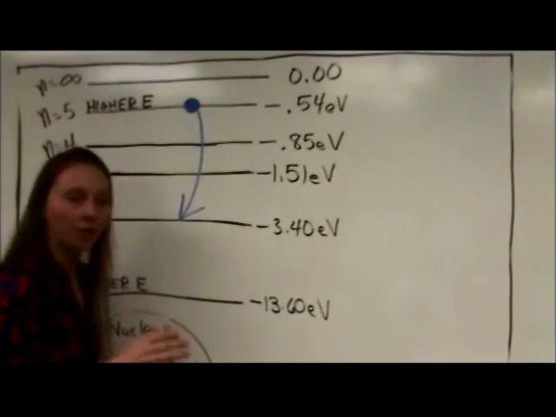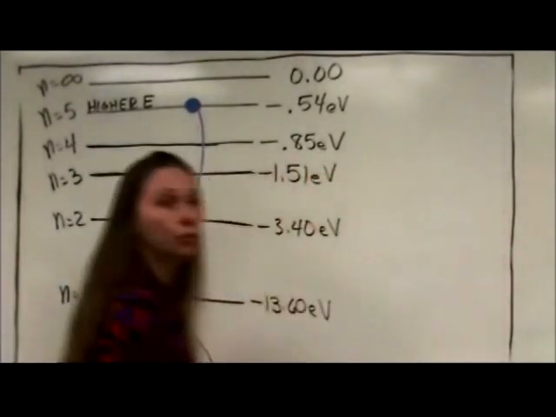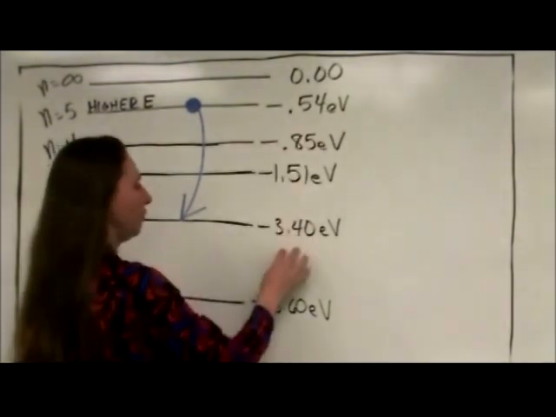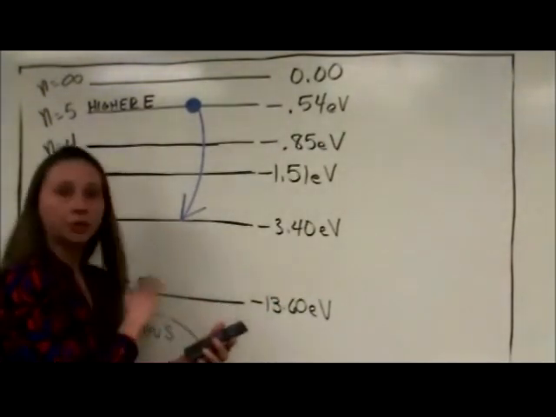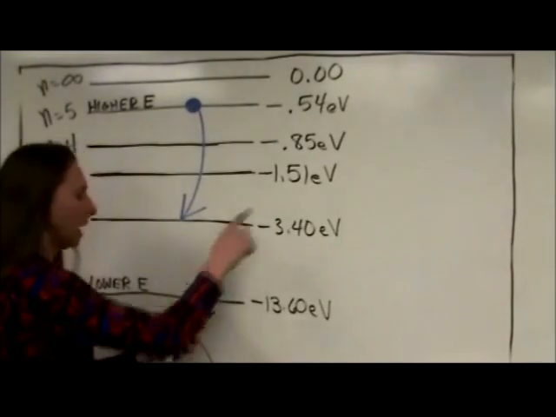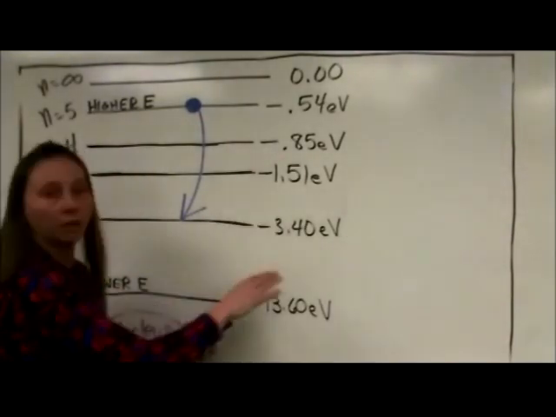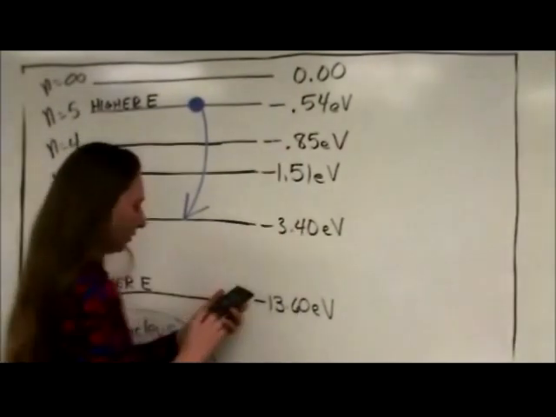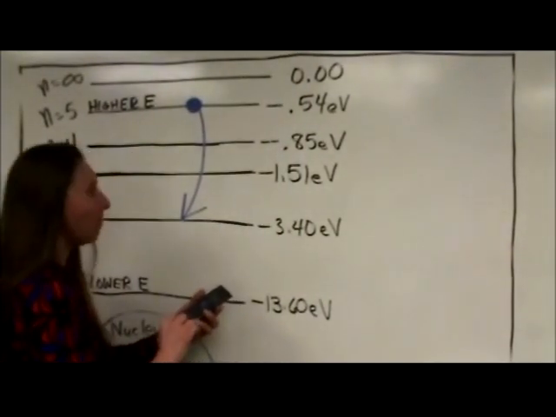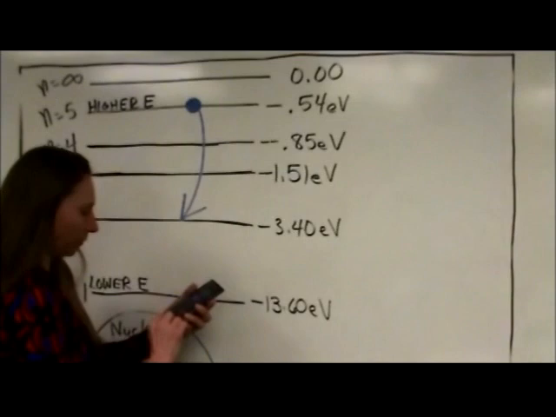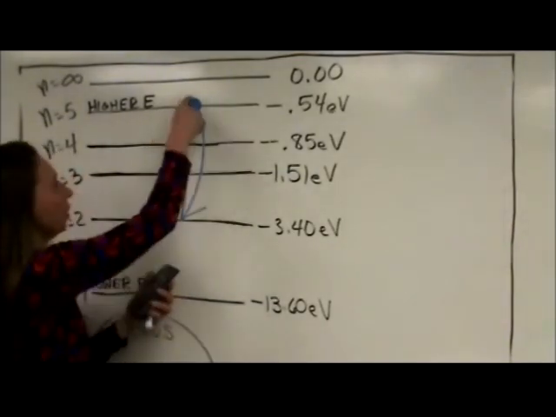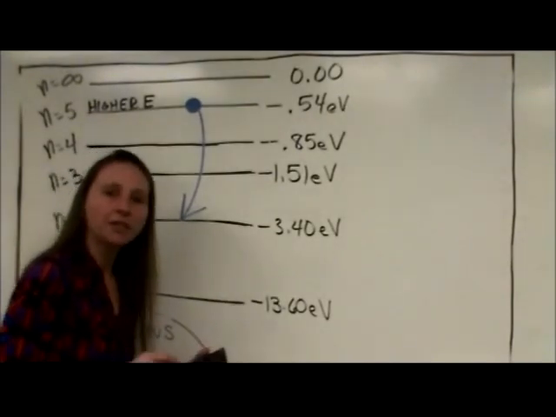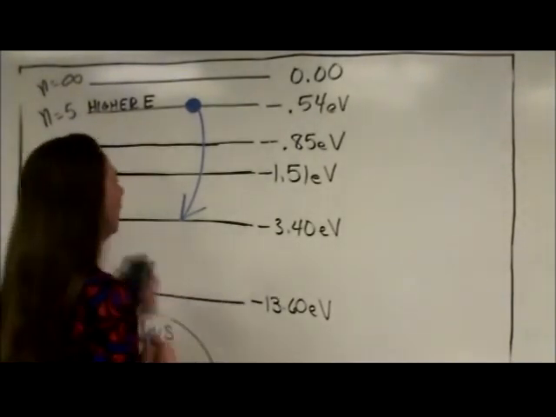Let's see how much energy it's going to emit. From 0.54 to 3.4, simply subtract the numbers, make them positive. Don't worry about these negatives here. The difference between here and here is 3.4 minus 0.54. So this electron, when it falls back, is going to give off 2.86 electron volts of energy.